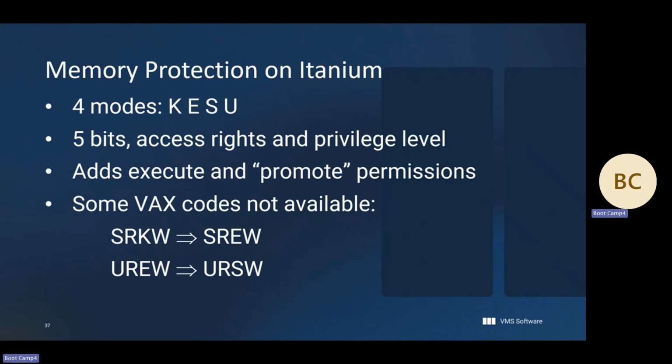But because of only having those 8 codes, some VAX codes simply aren't available. They don't exist. For example, supervisor read kernel write is not available on the Itanium. We had to squish it into supervisor read exec write. And same with supervisor read exec write or kernel write. We had to squish them into user read supervisor write.